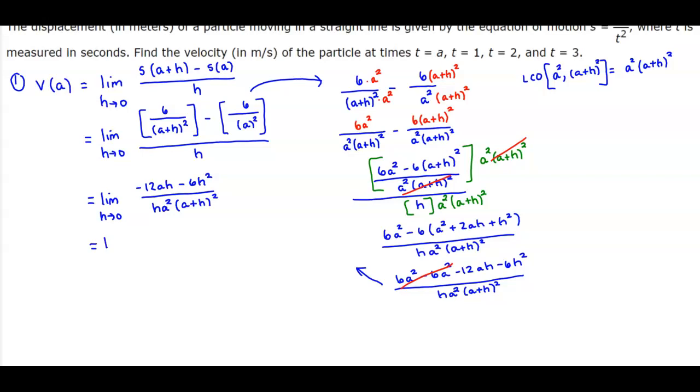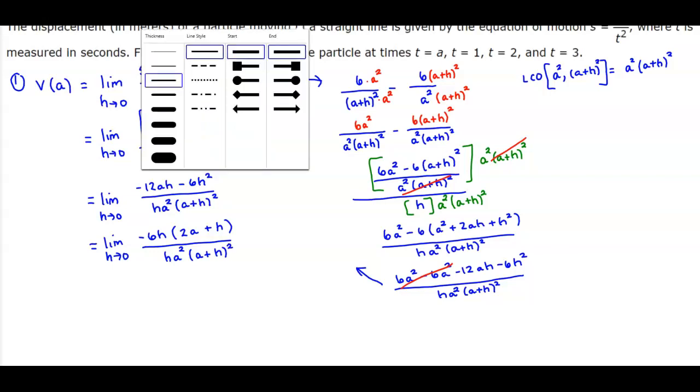So we can factor out an h and a negative 6 in the numerator. If we factor out negative 6h, we end up with 2a plus h, and then divide that by h times a squared times a plus h squared.